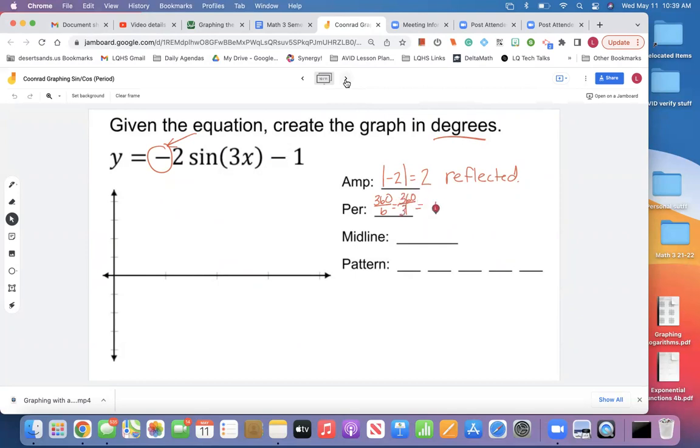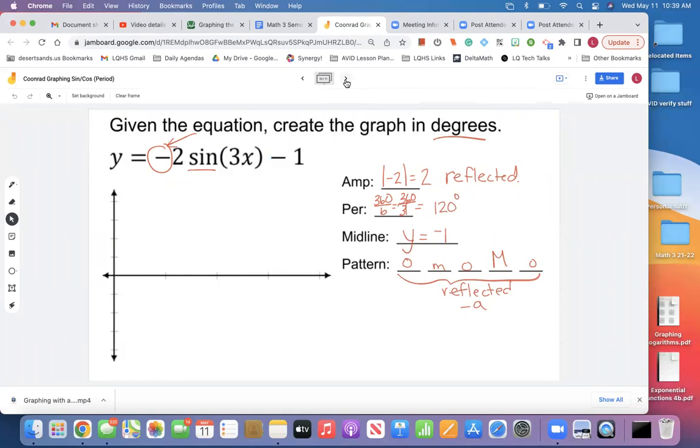So the period is 120 degrees. The midline is y equals -1. It's sine and it's negative, so it goes 0, minimum, 0, maximum, 0 because it's reflected, -a.